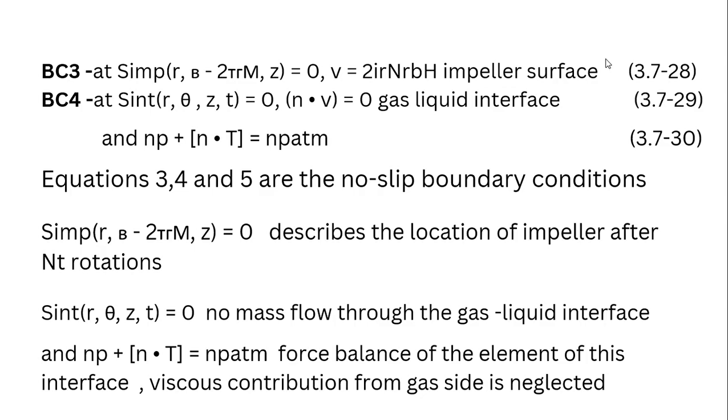Boundary condition 4, at the gas liquid interface, has no mass flow through the interface, like n dot v is equal to 0. And similarly for the force balance, where the viscous gas contribution is there, n p plus n dot t equal to n p atm. These are some of the boundary conditions.